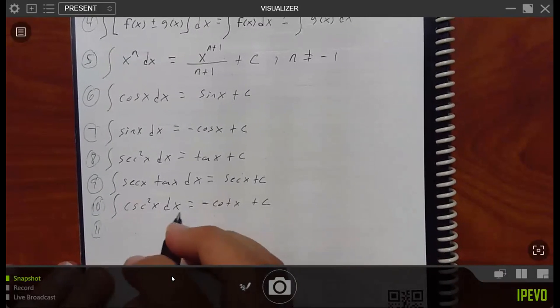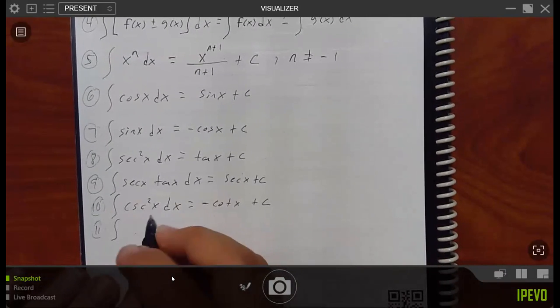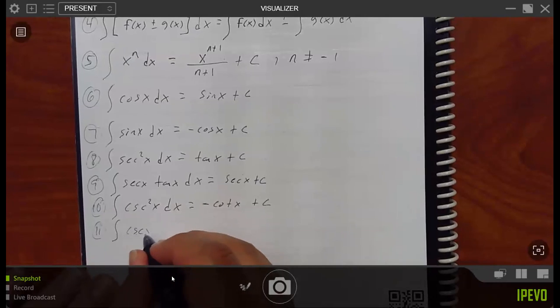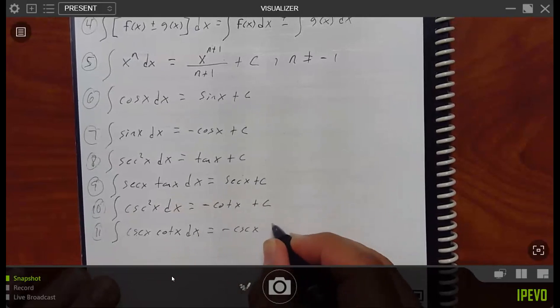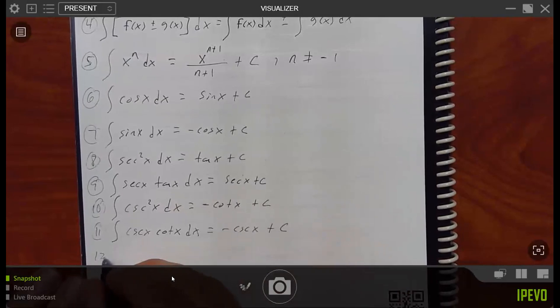11. Antiderivative or integral of cosecant x cotangent x dx is equal to negative cosecant x plus c. Number 12.